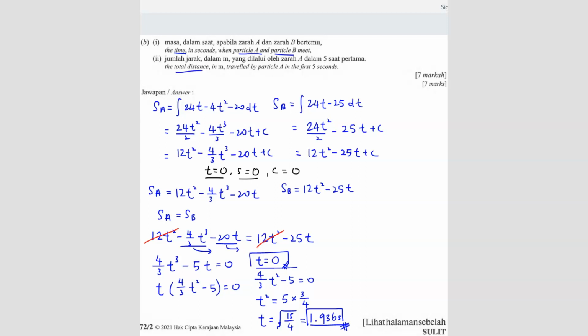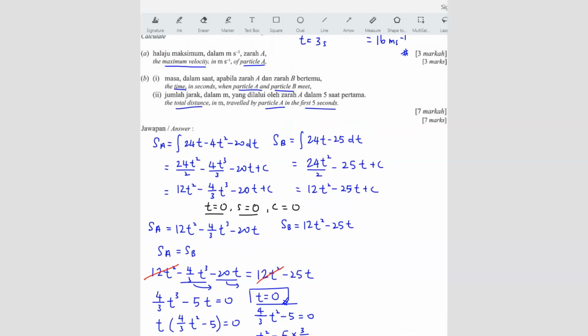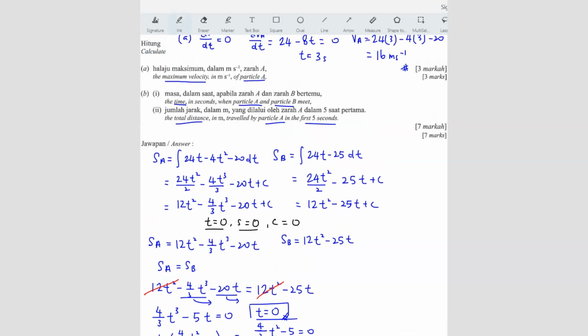Okay, last question. Find the total distance traveled by particle A in the first 5 seconds. So I want you all to see this. Whenever they ask for total distance, take note, because when you have a velocity graph, sometimes you can have a positive and negative side. To find distance you have to integrate the velocity, correct?